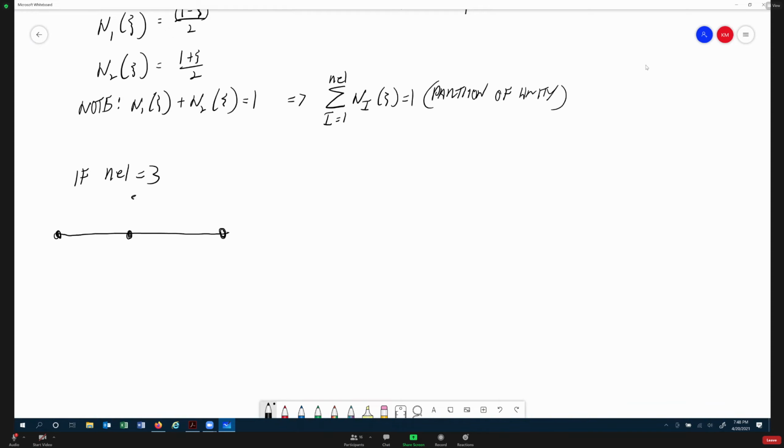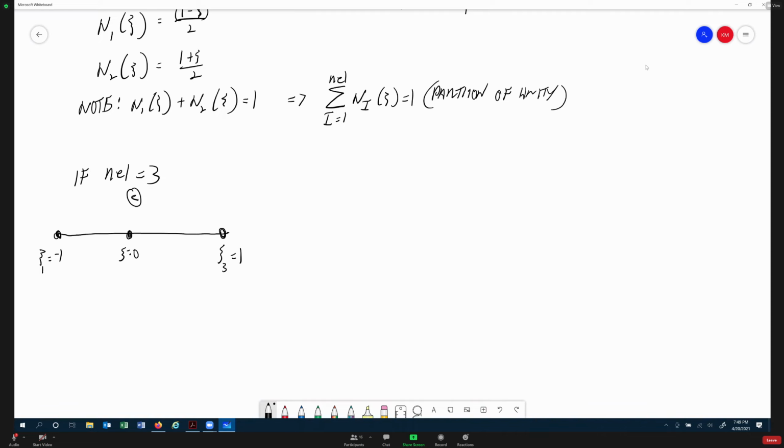So this is one element, and I'm going to say C1 is equal to -1. Remember, it has to go from -1 to 1. So I'm going to say this is C3, equal to 1, and in the middle is equal to 0.